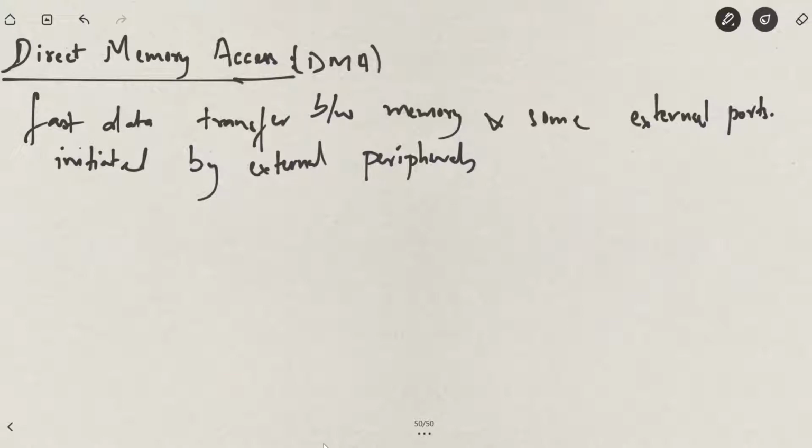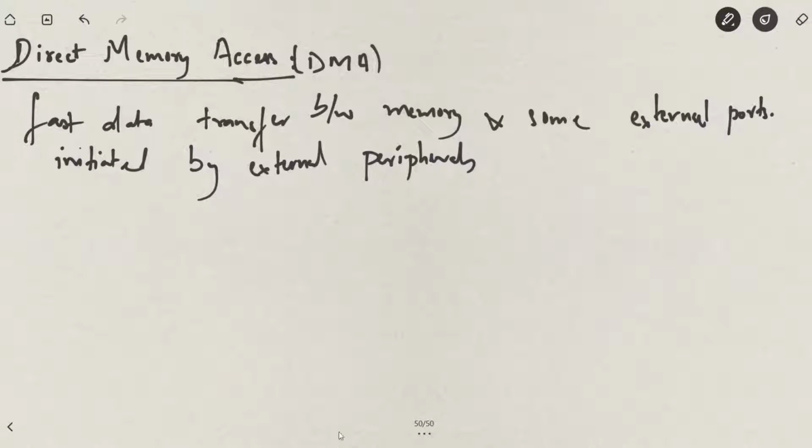We go for direct memory access because it is a much faster method of data transfer. For example, transferring data between a floppy and the memory of the system is DMA.